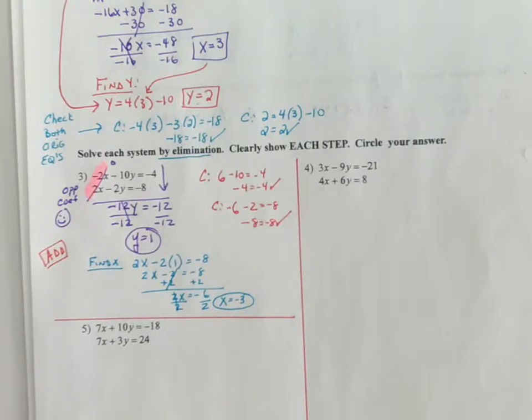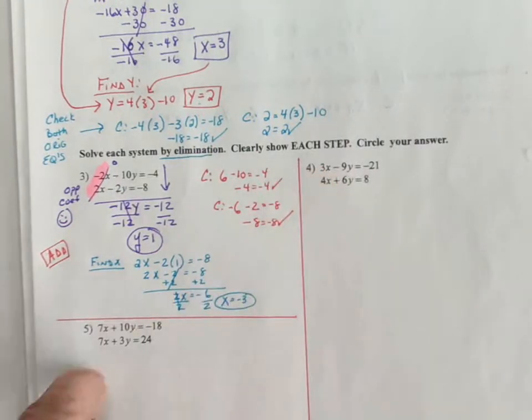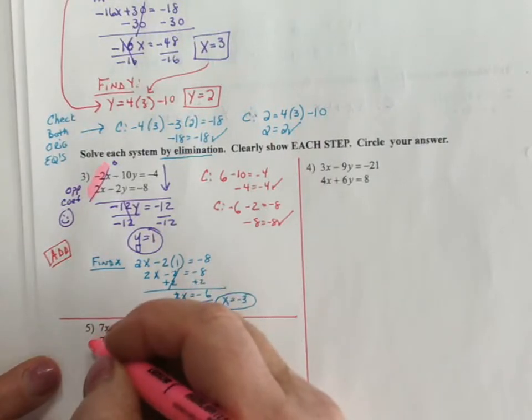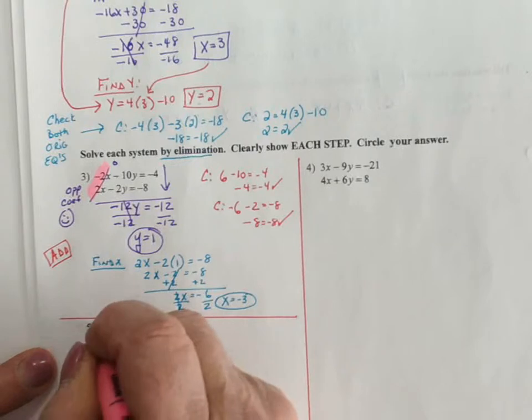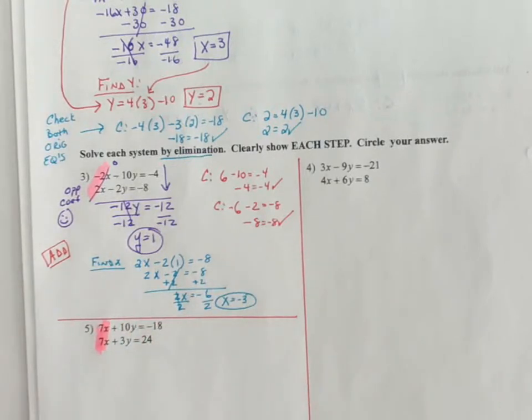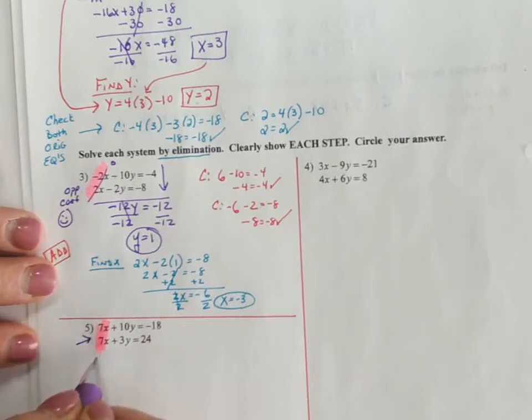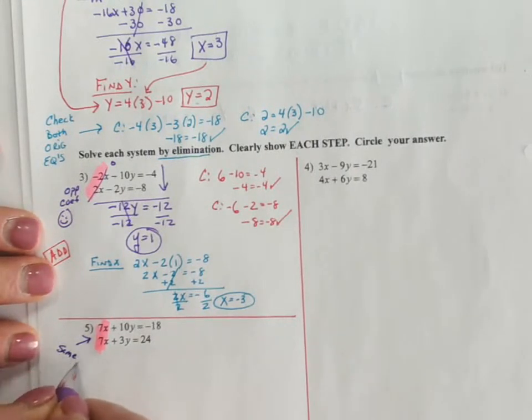See if you can look at numbers 4 and 5: which one is going to be the subtraction method? If you said number 5, you're absolutely correct, because here the x's have the same coefficient.